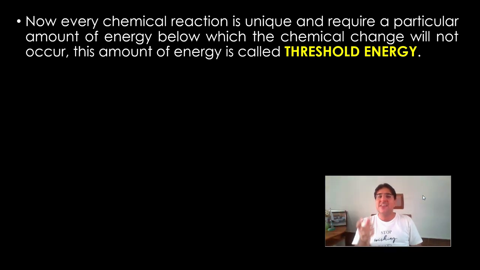So which energy is here without which we can't proceed with the reaction? It is that third energy, that missing energy between the internal energies and the threshold energy. That energy is known as energy of activation.